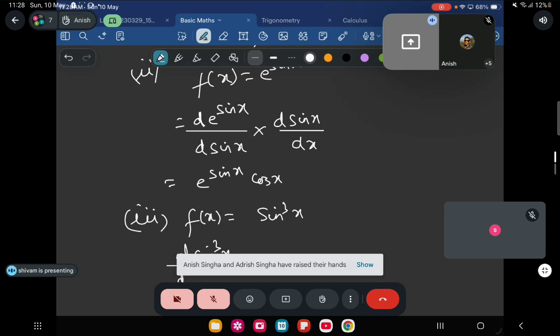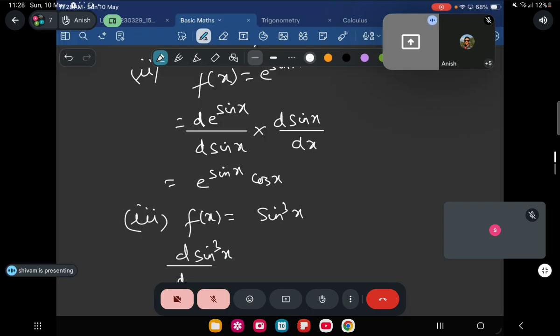Because in the numerator it is not a function of x. It's a function of sin x. Try to understand. Sin cube x. Think properly. It's a function of sin x first. Sin square x. It will be sin x. And then you differentiate sin x with respect to x. Tell me, are people getting it?